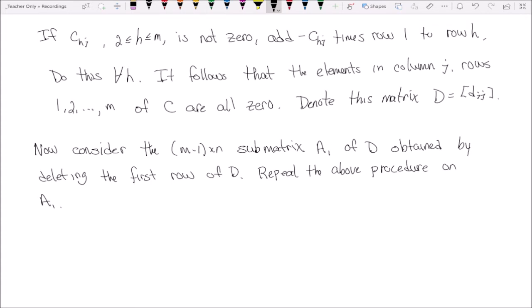Then we will consider a new submatrix by deleting the first row of our D sub 1, and performing the exact same procedure.